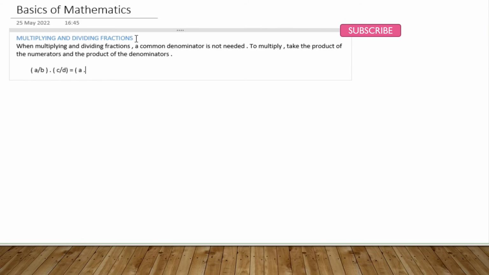A into C divided by B into D. This is the meaning of that. This is equal to AC divided by BD. This is about multiplying fractions.